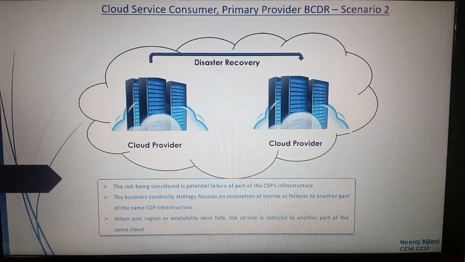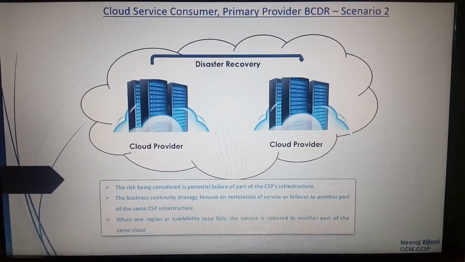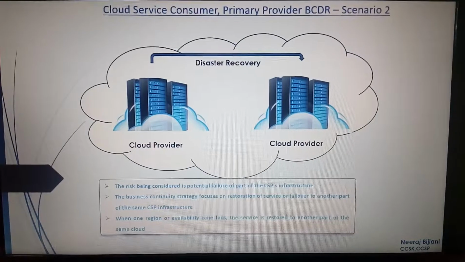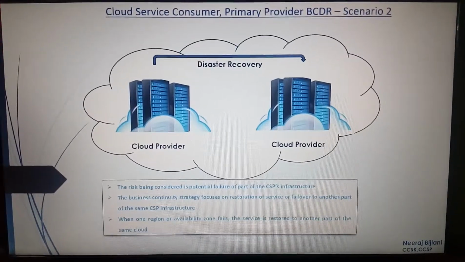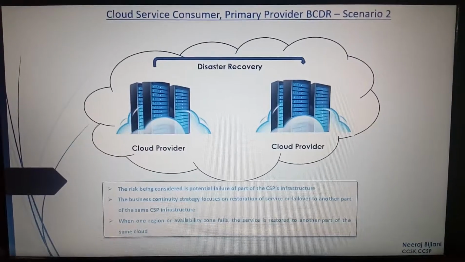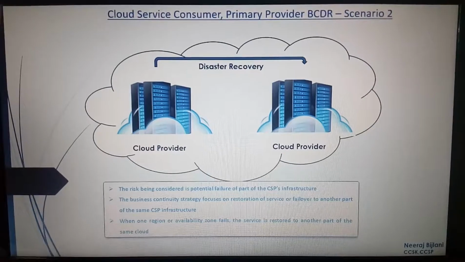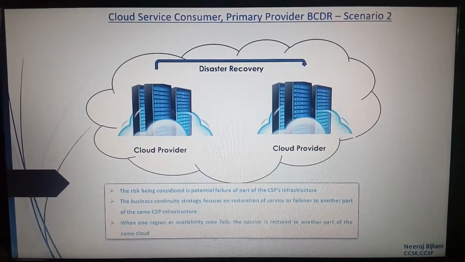If any disaster happens in one region or availability zone, the customer can connect to another region to maintain business as usual.